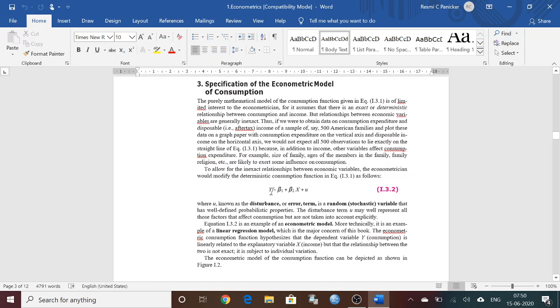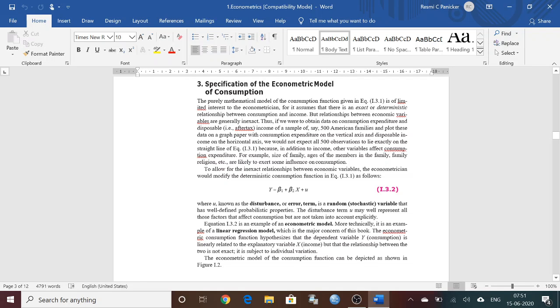The speciality of the econometric model is that we are incorporating all other factors responsible for consumption in one term, that is u, the error term or the random variable. We are including this random variable in the model. So y is equal to beta 1 plus beta 2 x plus u. That is the speciality of the econometric model.